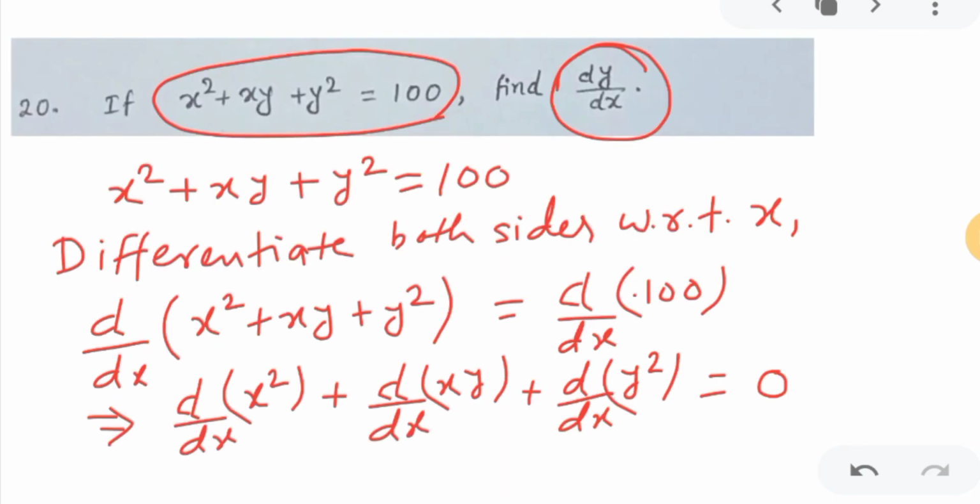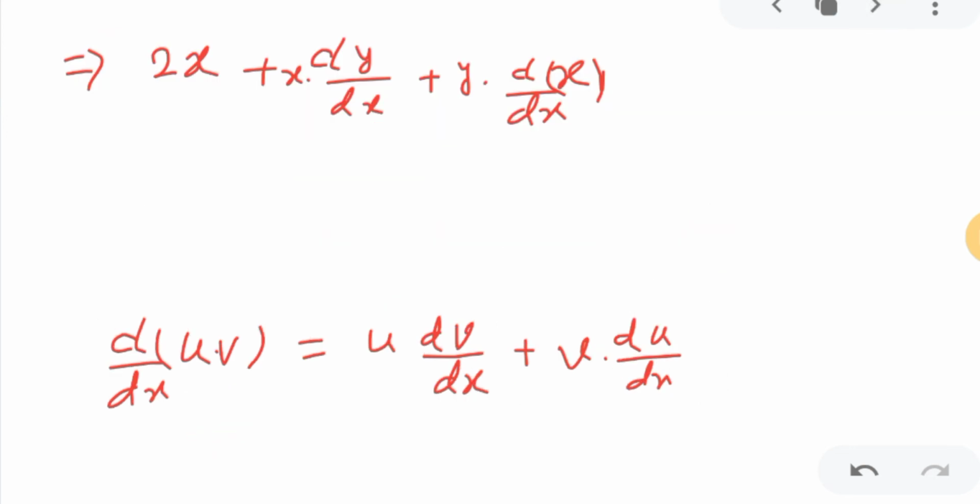Okay, so this derivative is done, and after that the derivative of y square. The derivative of y square will be 2y, and the derivative of y with respect to x will be dy upon dx using the chain rule. Okay, and the right side is 0, correct?